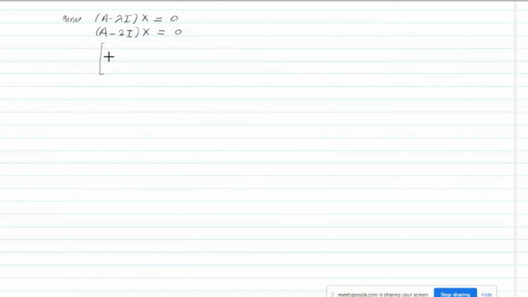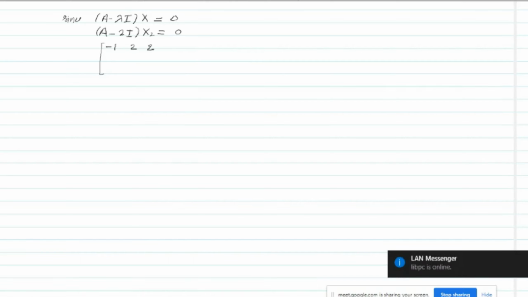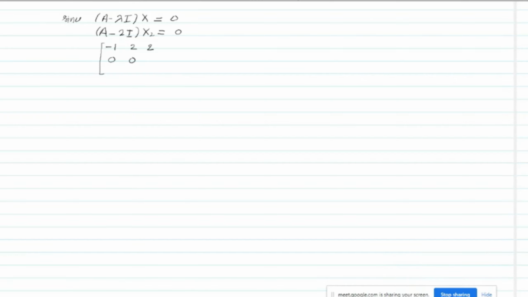We will write it the same as before. Just subtract 2 from the diagonal elements, and write x as x1, x2, x3. Yes, A minus 2I into x. So 1 minus 2 is how much? Minus 1. And 2 as it is. 2 minus 2 will be what? 0.